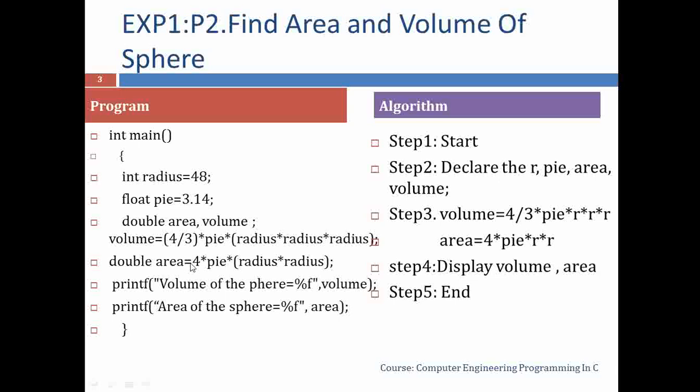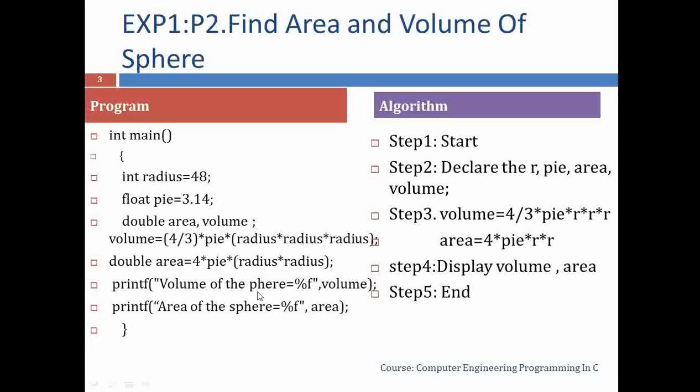Then area is equal to, to calculate the area, it is double data type, so 4 multiplied by pi multiplied by r square, and here we will get the two results, that is volume and area. And then we display them one by one.